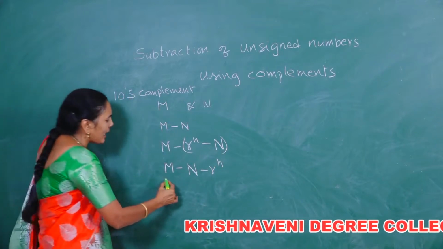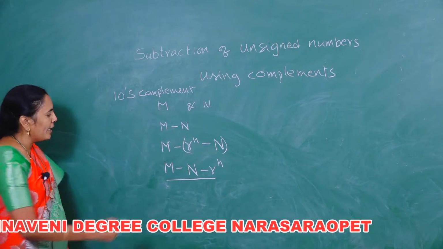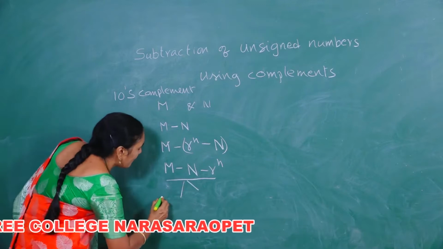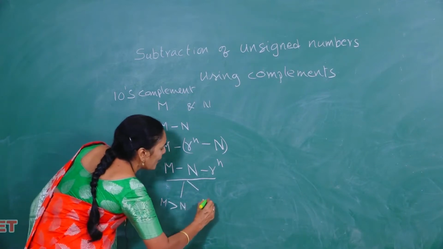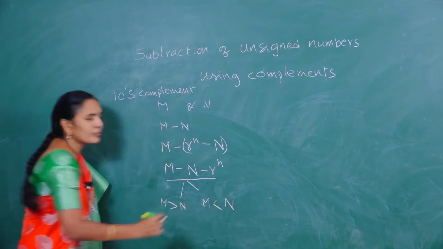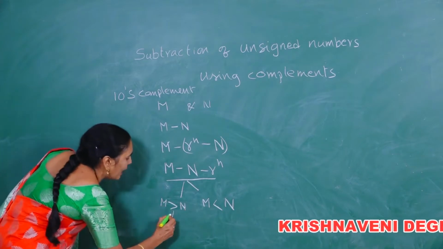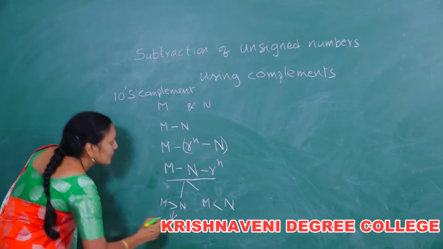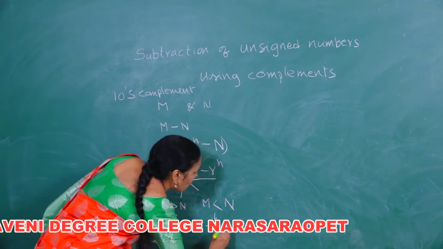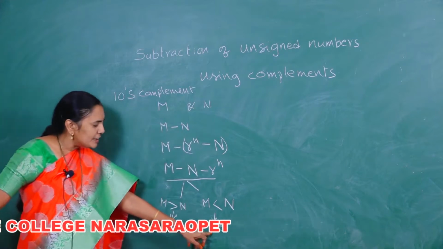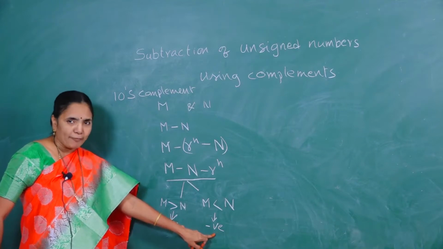When we try to do this calculation, there are two chances: m may be greater than n or m may be less than n. When m is greater than n, the answer is positive. When m is less than n, the answer is negative. We said that answers that are negative numbers are expressed in complement format.